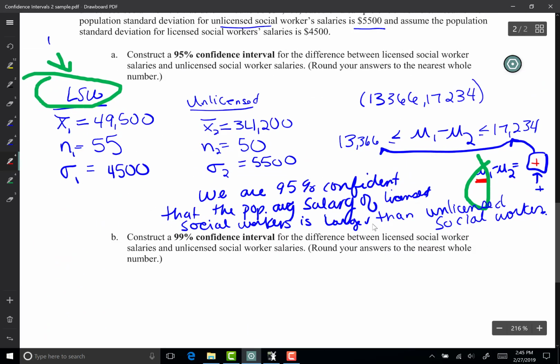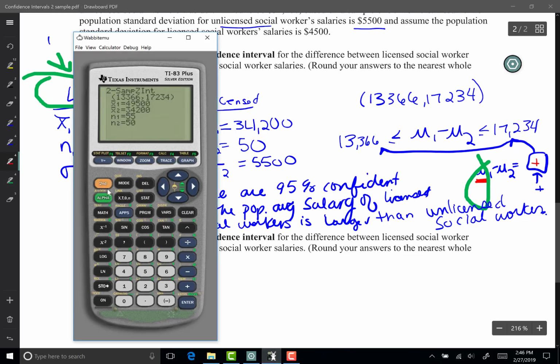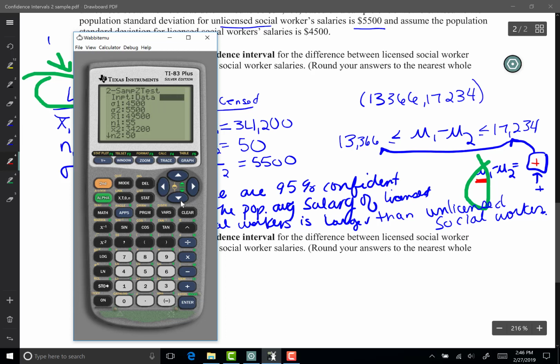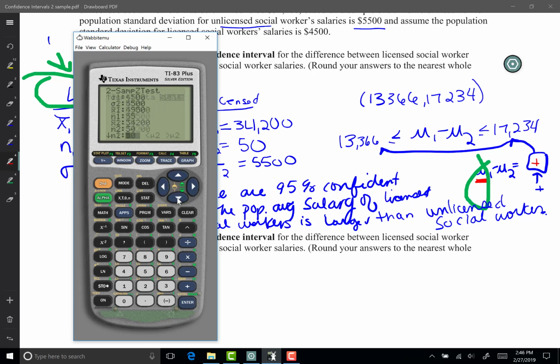Let's do the same thing, but we're going to use a confidence level of 99%. So we do stat, test, 2 sample Z. The only thing I'm going to change here, oops, I went into test, didn't I? That was a Z test, sorry.